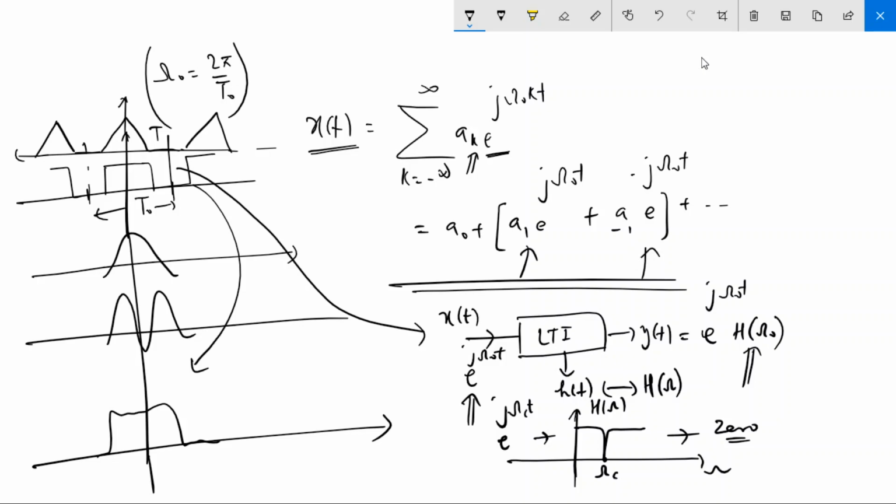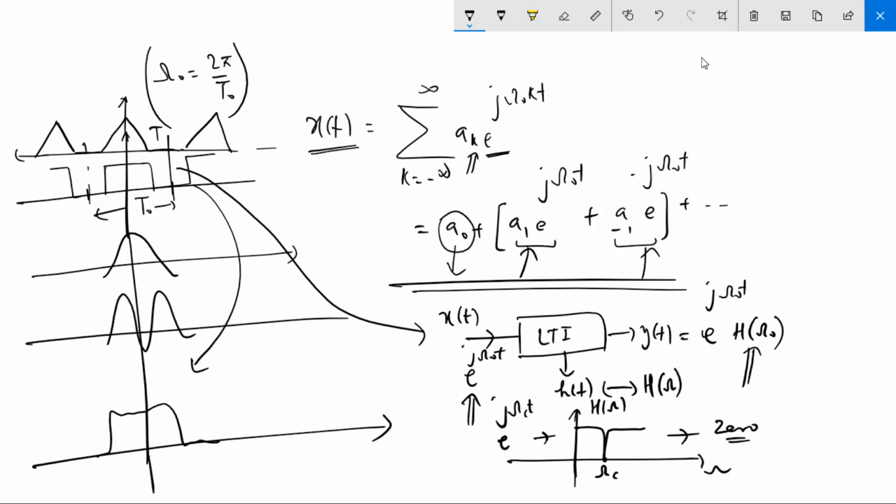If I apply this signal to the system and want to find the output, this is an alternate way. We first decompose the signal in terms of a Fourier series like this, and then using the linearity property, we find the individual outputs: the output due to the constant signal, the output due to this part, and the output due to this part, and then we add them together.